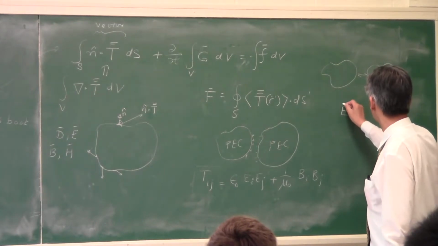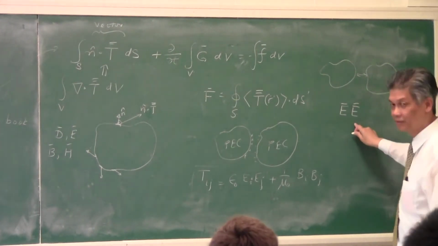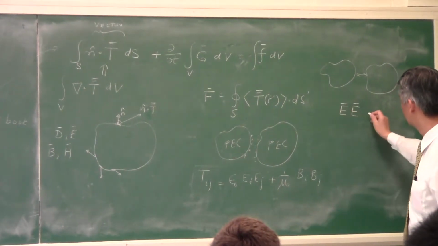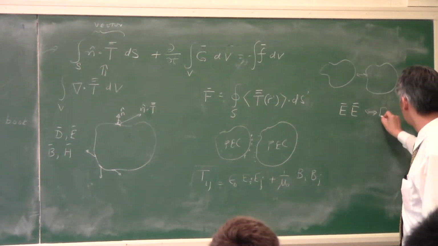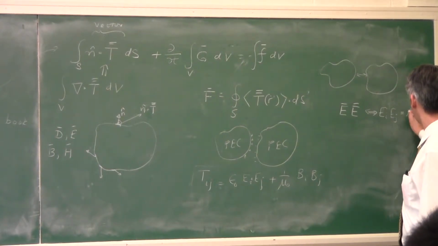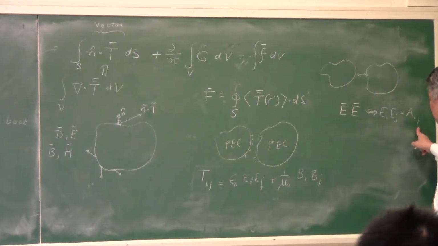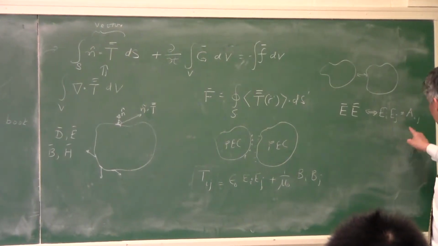It is called an outer product because there's no dot in between. In indicial notation, this translates to E_i E_j. This is equal to a second rank tensor, and it has two indices.